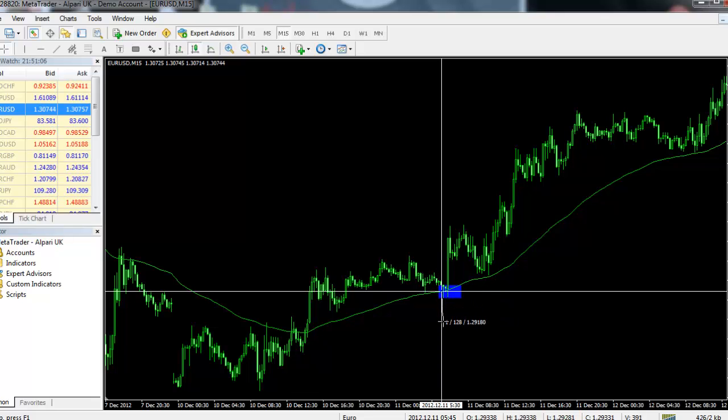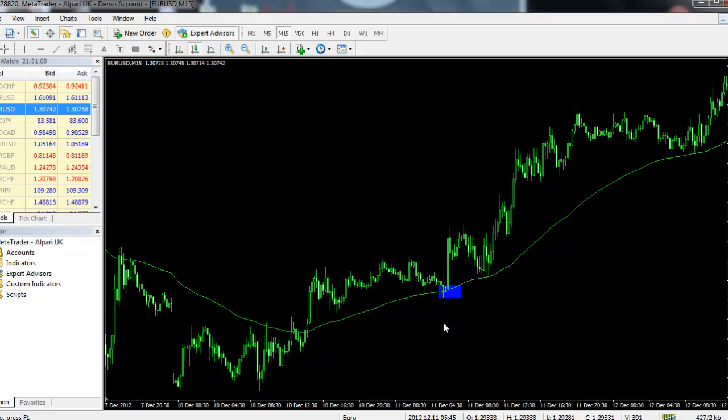So you put your stop loss about 15 pips below the ATMA. In this case, the stop loss would have been down here. It was a Monday obviously, so there wasn't much movement, but you can see the price really respects this well.